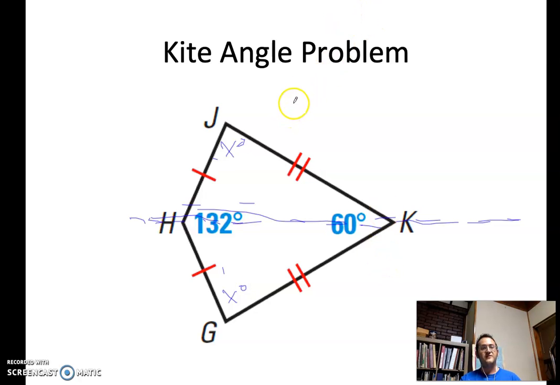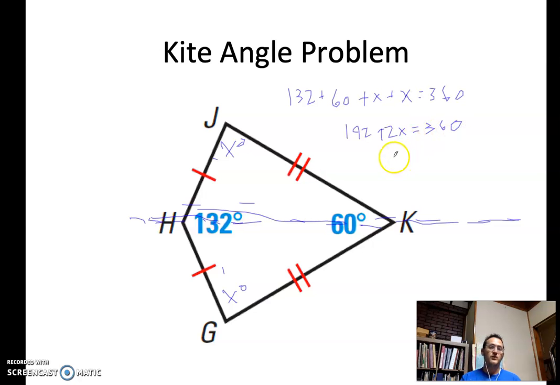And then we know that the 4 angles of any quadrilateral add up to 360 degrees. So that's going to be 192 plus 2x equals 360.